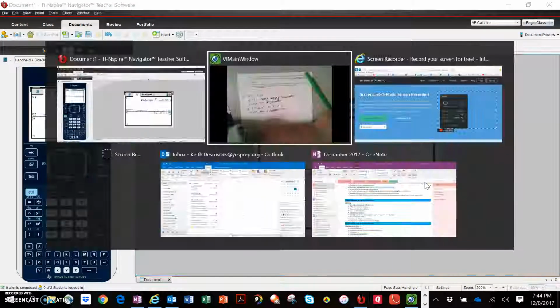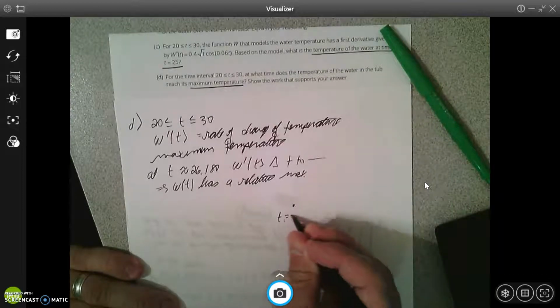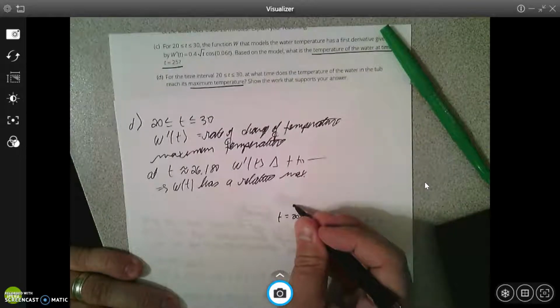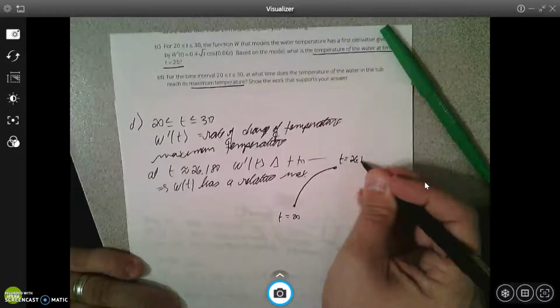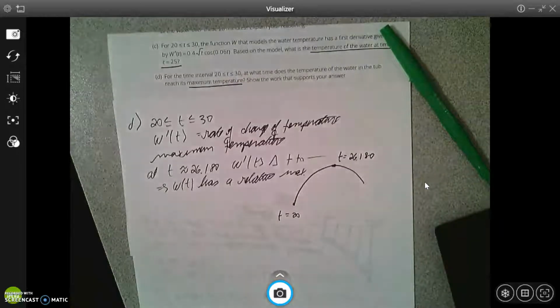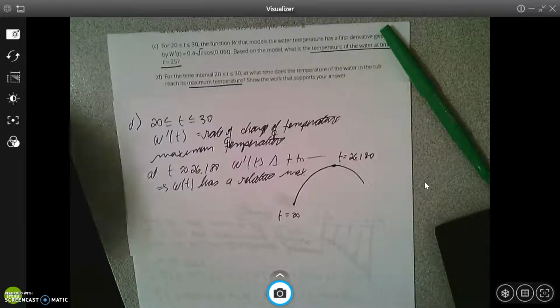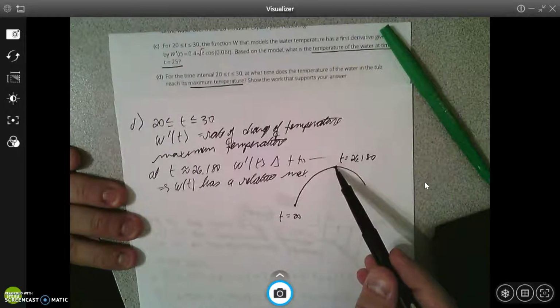If I were to sketch that, then I would say, okay, my graph, here's time t equals 20. My graph increases, and that's all that it does, until we get to 26.180, and then my graph decreases, and that's all it's allowed to do. So not only do I have a relative maximum at 26.180, but this has to represent the absolute maximum temperature.